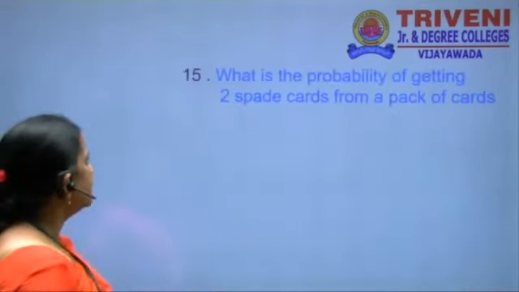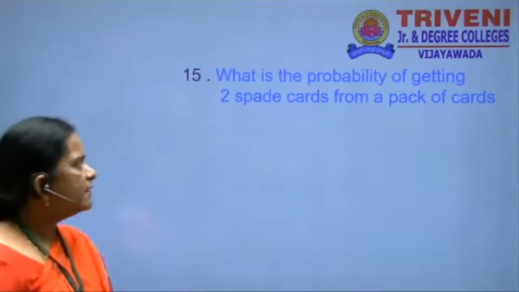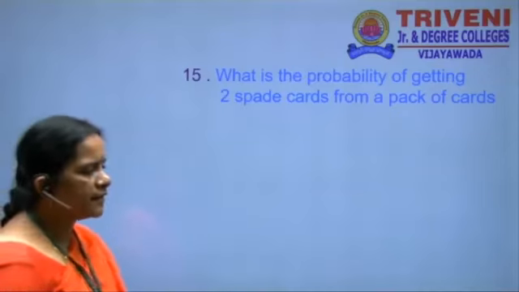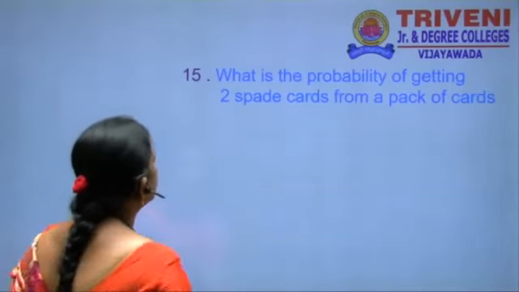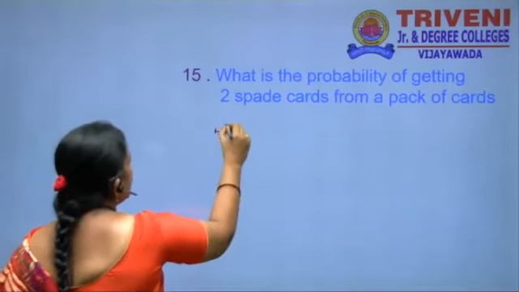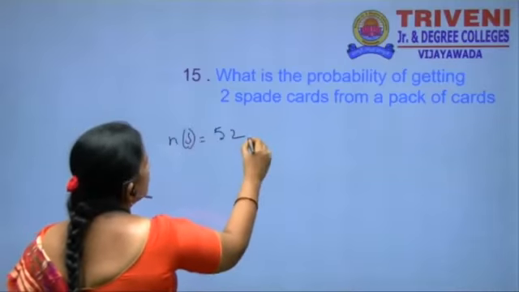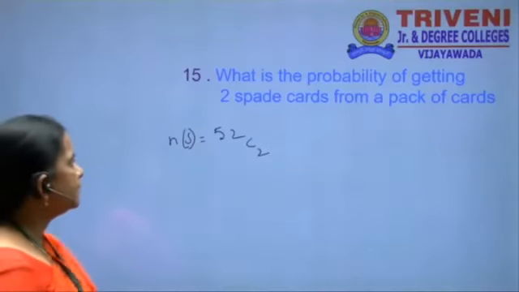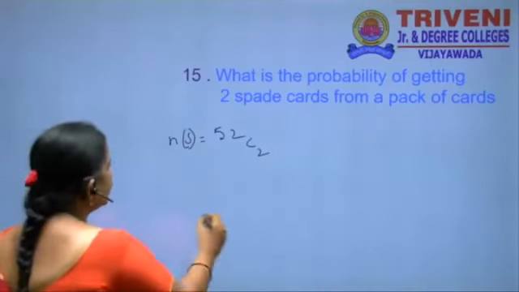Next one is, what is the probability of getting two spade cards from a pack of 52 cards? How many spades are there in a pack of 52 cards? And 52 cards, n of S is equal to, we have to select two cards, that is 52C2. In a pack we have how many spades? 13 spades.